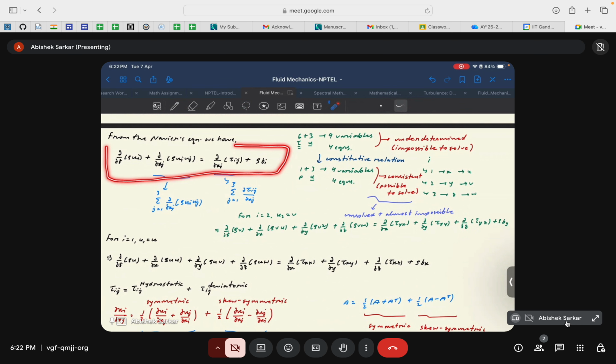Okay, so now as I already told you, a more convenient way to solve this equation would be to correlate the stress components in terms of the velocity components of the fluid. Now you may say, why do we need to do it, right?